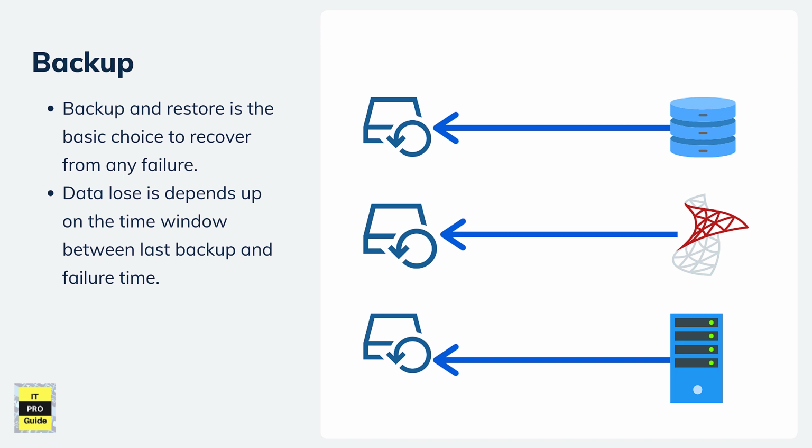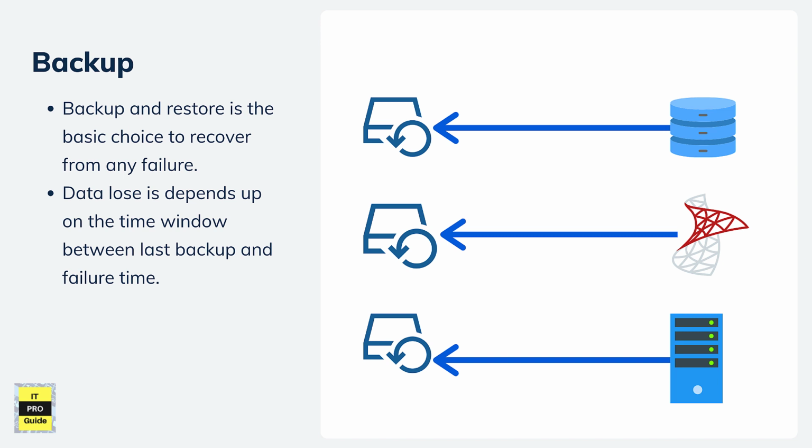Now let's go to the first high availability option, that is backup. Backup is not going to be a big topic because you take a backup of the database and restore it when there is a failure. You can back up the database alone, or you can take an image of the entire virtual machine or the physical machine. But the problem here is, if you take only the database backup, when you want to restore it, you have to set up a new server, then install SQL, then restore it.